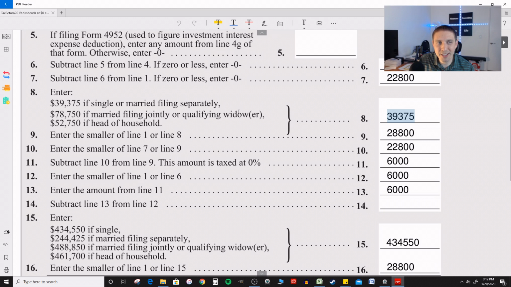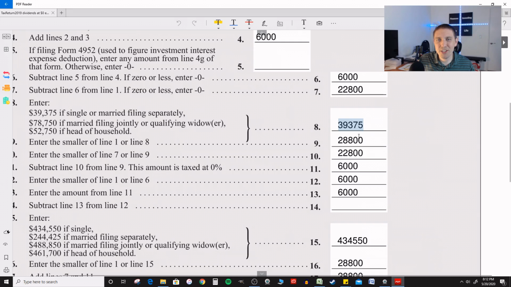That is a given number. These numbers right here, they're provided to you. You don't have to calculate those. It's as simple as this, guys. The question is: is that amount, $28,800, lower than $39,375? Yes, it is. So in that case, all of those dividends, the $6,000 in dividends, are taxed at 0%.